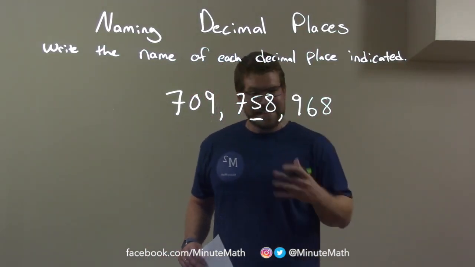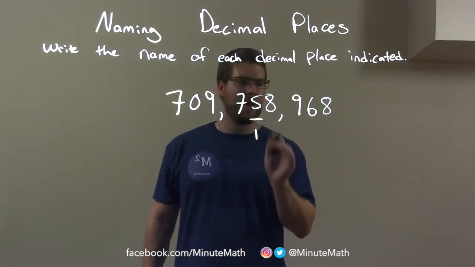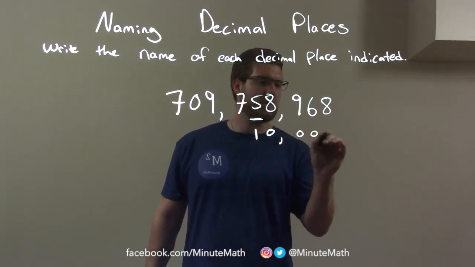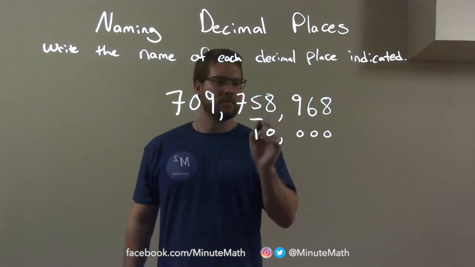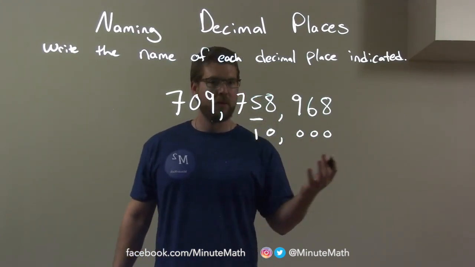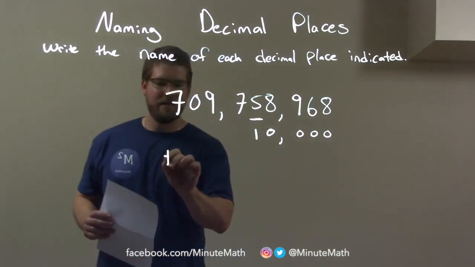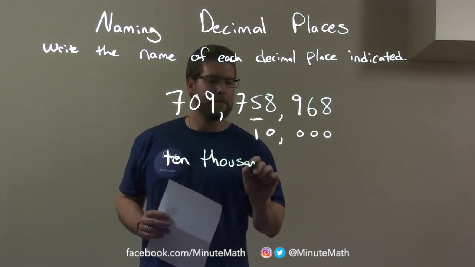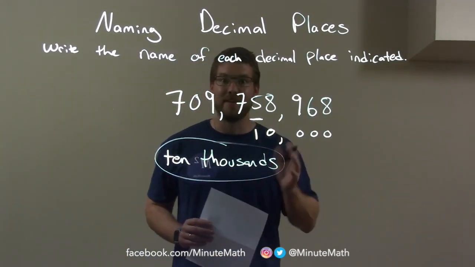Well, my technique is I look at that bar, I put a 1 there, and then I put zeros the rest of the way. 0, 0, 0, 0, for each digit. So now I have 10,000. So what place is this? The 10,000s place. And that's our placement right there, our decimal place.